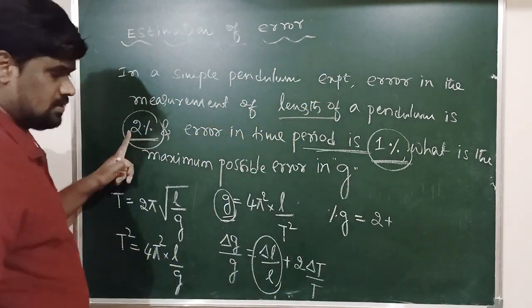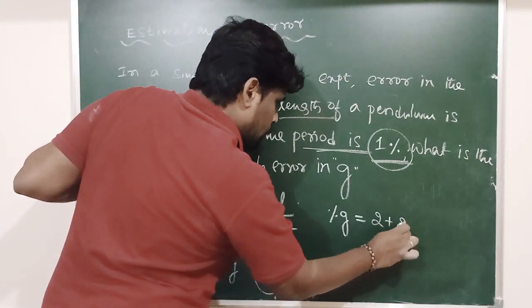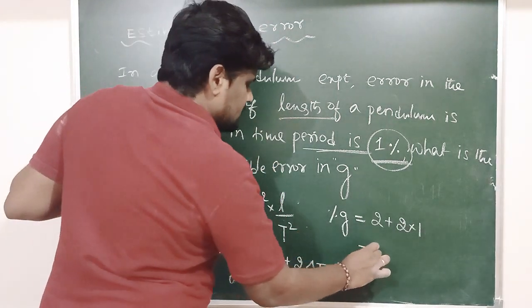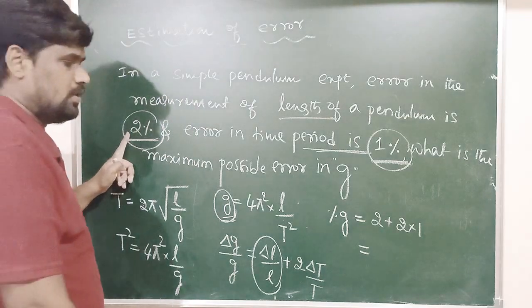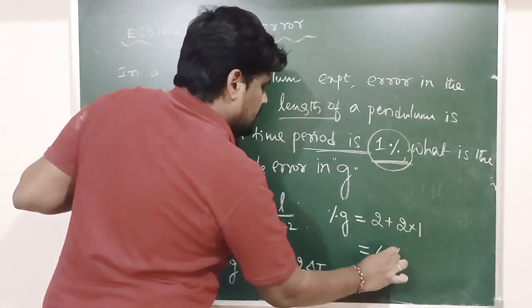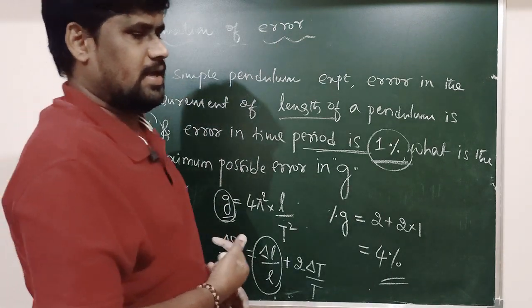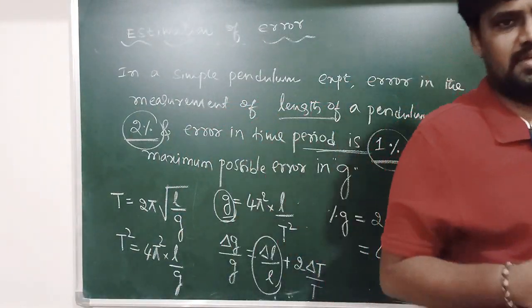It is 1%. Therefore, 2 times 1%. Total percentage of error is 2 plus 2, it is 4%. This is the maximum possible error in the estimation of g.